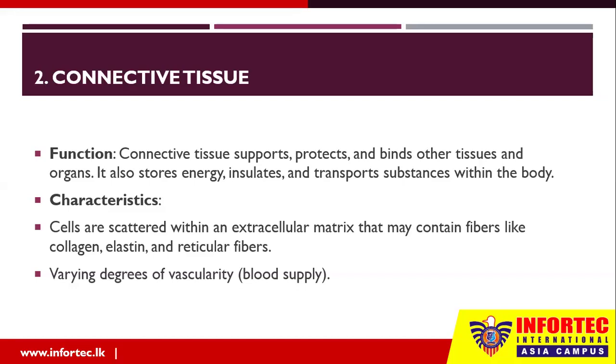When we take reticular fibers, they are delicate and have a branching characteristic. Okay. So other than these cells and fibers, there are ground substances, right? It means gel-like material that fills the spaces between cells and these fibers. That's what we refer to as the extracellular matrix.